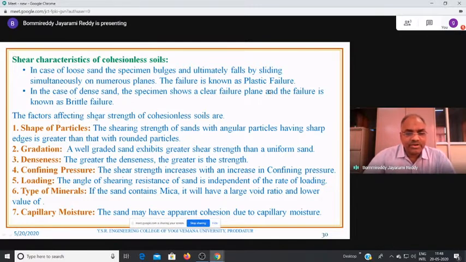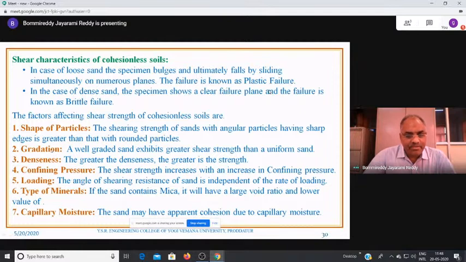Several factors affect the shear strength of cohesionless soils. For sandy soils, the various factors are: shape of the particle, where, as I already told you, angular particles always give more shear strength than rounded particles. Similarly, gradation.